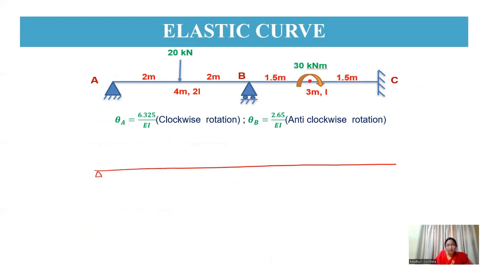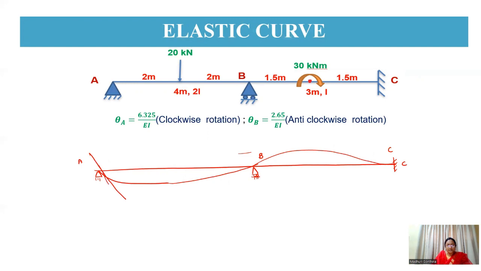Okay, so these are the supports, this is A, this is B and this is C. So to draw the elastic curve, just once again, here you are having a rotation at A. At B also you are having a rotation, but coming to C you don't have a rotation. So here this is the elastic curve.